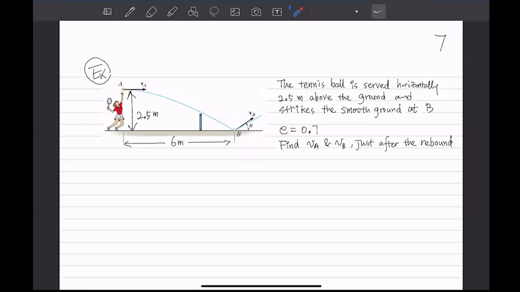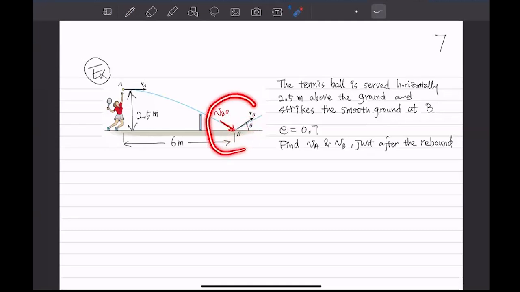So we can think about this problem as a two-part thing. There is going to be a velocity that hits the ground, and let's call that VB0. And if you just focus on this part, there's an angled impact, right? The ball is approaching the wall or the ground with an angle, and then it bounces back.